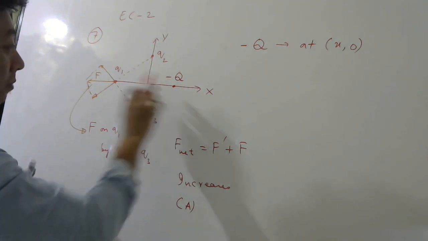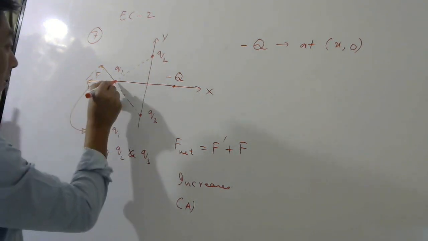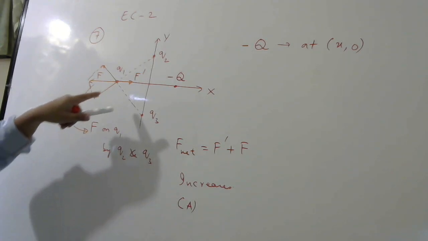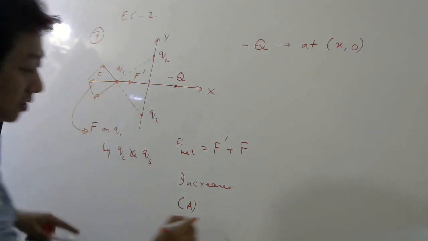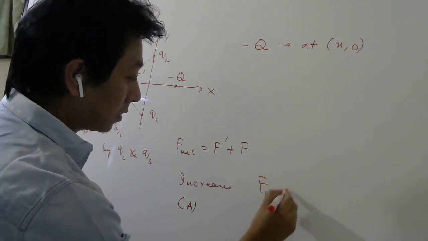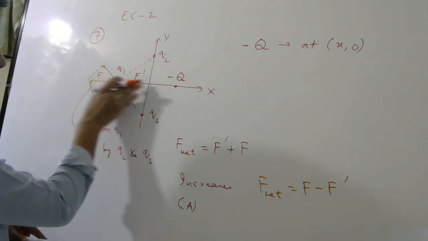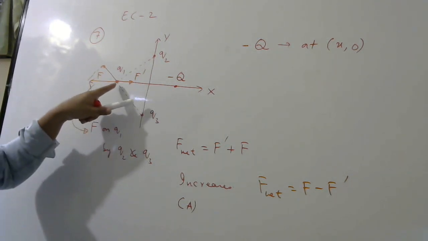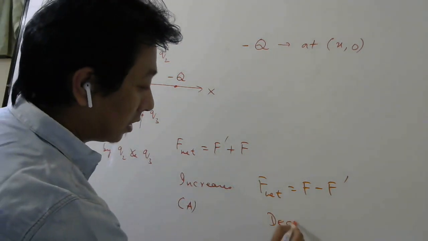Now if you add minus Q, what will this minus Q do to this plus q1? It will attract, with F dash. Since this force is in the opposite direction to the previous force, the net force will be F minus F dash. So adding minus Q here will make the net force less. So the force now will decrease.